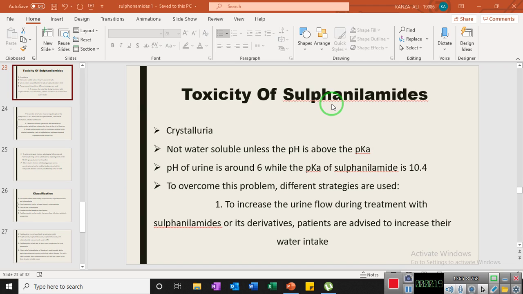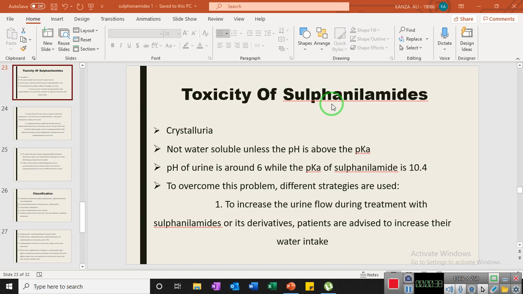In the last lecture we have completed the SAR of sulfonamides. We have got a number of derivatives of sulfonamides and the parent compound is sulfonylamide.